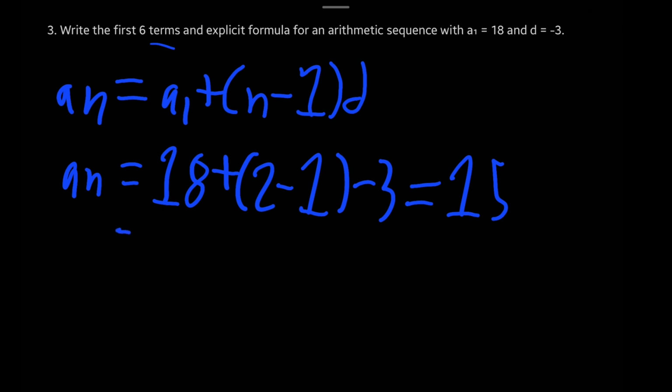And let's just solve for the others. 18 plus third term minus 1 times negative 3. I'll just write it out so it wouldn't take much time.